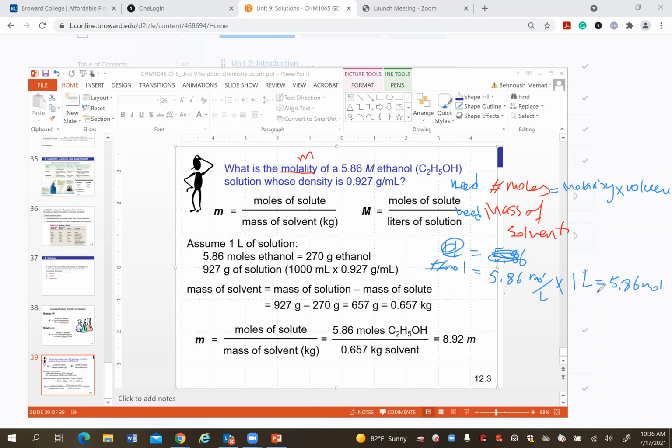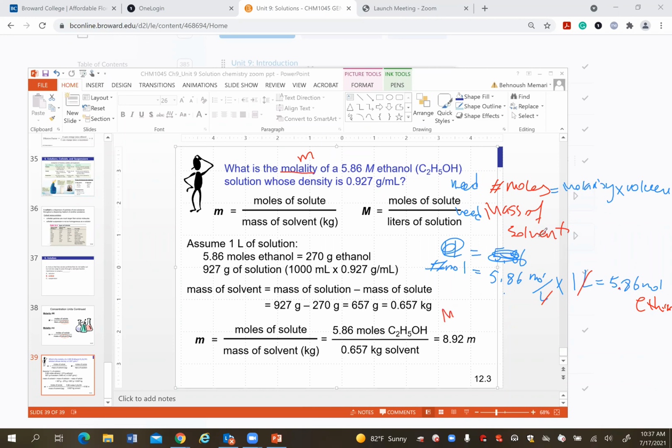The liter would cancel with the liter. Very good. So if we have 5.86 moles of ethanol, how much ethanol is that? Then we have to multiply this by 46 to get the mass of ethanol.